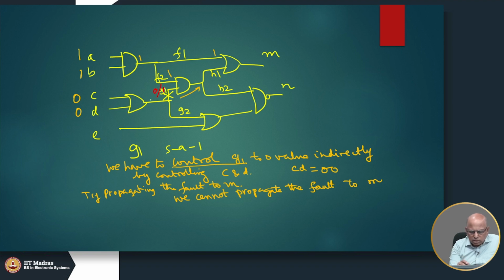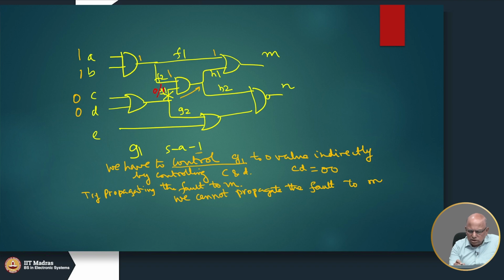Once again, I managed to activate the fault by placing a 0 on this line. The good circuit will get a 0, the faulty circuit will have a 1. So, that activated the fault, but in order to propagate it further, I need to put a 1 here, because it is an AND gate.